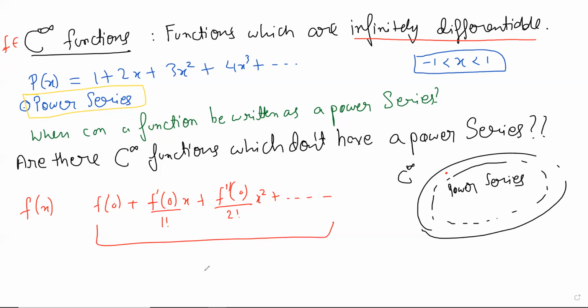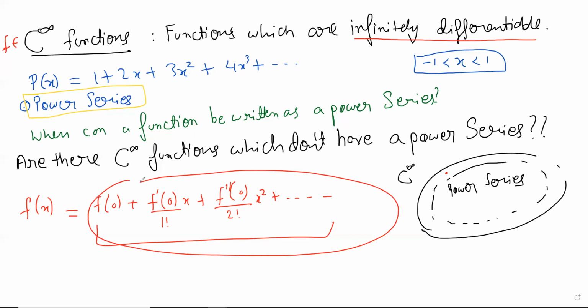But that does not imply that this function will be equal to this series. And more than that, it doesn't even imply that this quantity is going to converge. It could just go to infinity. For every x, it may happen that it goes to infinity except for x equal to 0. So you can associate a Taylor expansion, but the Taylor expansion need not be equal to the function at each x.